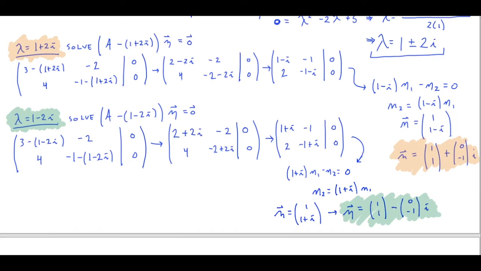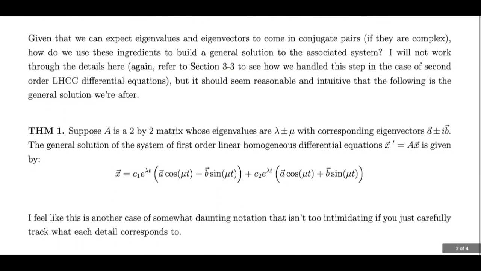As we'll see in just a moment, these two separate vectors are going to be key ingredients in building the general solution to a system of differential equations that has this type of coefficient matrix. So let's take a look at the theorem that tells us how to build that general solution.